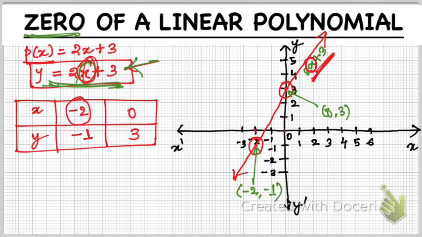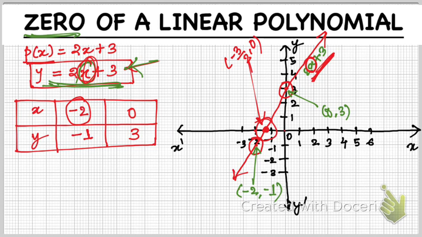At only one point is the x-axis cut by this straight line, and that point is (-3/2, 0).